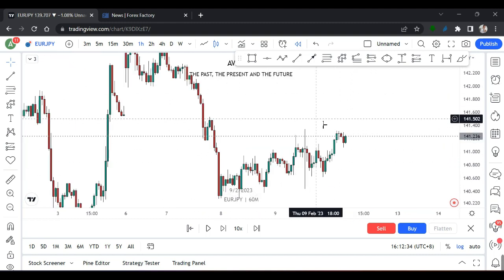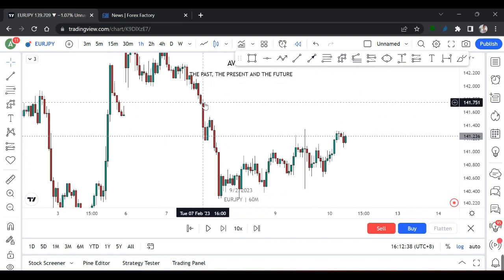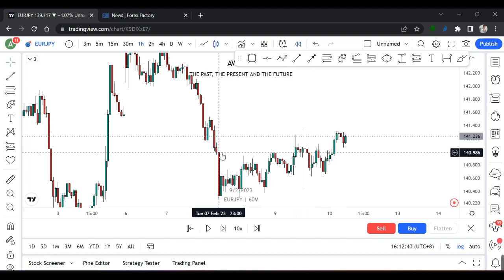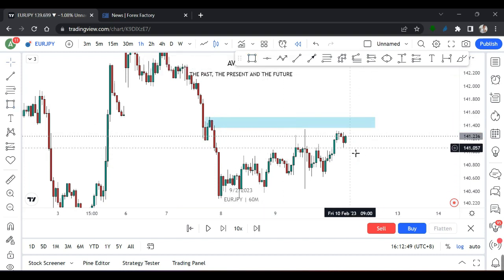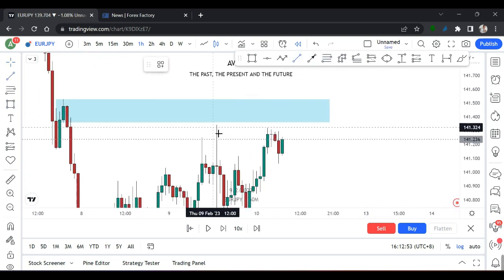Right here, if you know supply and demand, you can see there is a rally base drop, and the supply zone is very obvious. Not only that, before the price reached this area, it gave you a fake out.